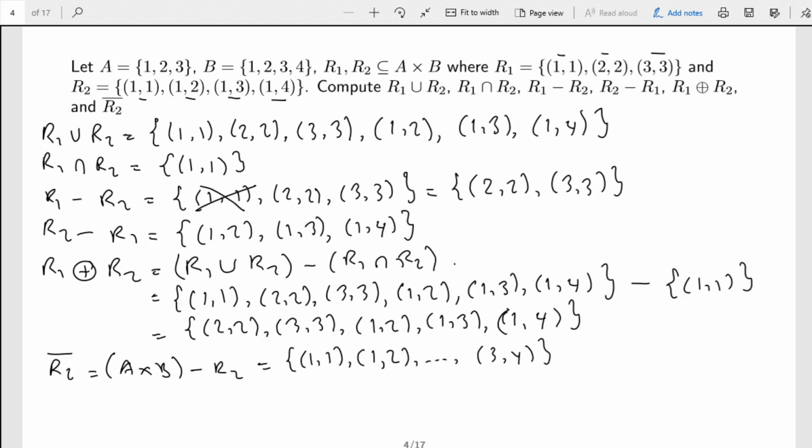There are 12 pairs of them, minus, of course, (1,1), (1,2), (1,3), and (1,4).